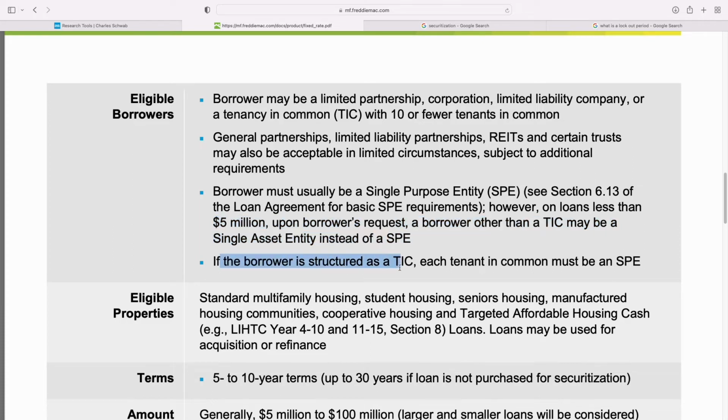If the borrower is structured as a TIC, each tenant in common must be an SPE. So they're telling you straightforward: if you have a tenant in common structure, each person within that TIC must have an SPE for this deal. Now, let's go to eligible properties.